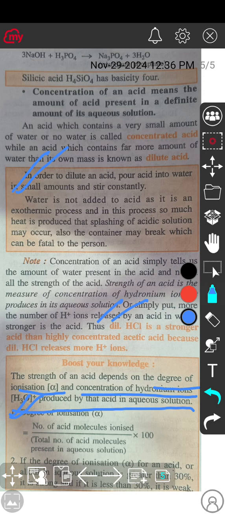If the degree of ionization of an acid is greater than 30%, the acid is strong, and if it is less than 30%, it is weak. This equation will not likely come in the exam, but you can gain it for your knowledge.